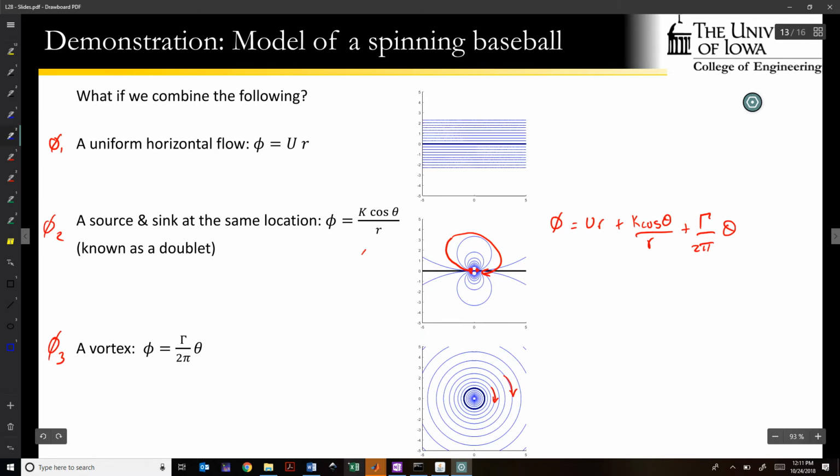U is going to govern the speed of the flow past our baseball, or our cylinder in this case. This K here is going to define the diameter of our baseball. And gamma here is going to define the rate at which our baseball is spinning.